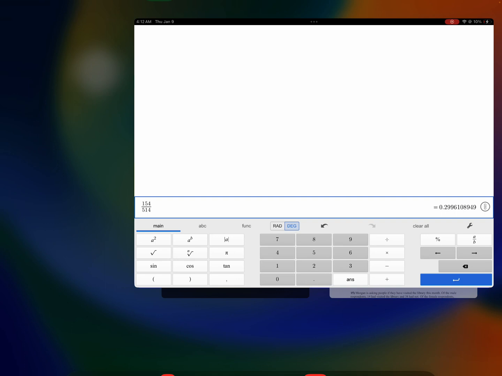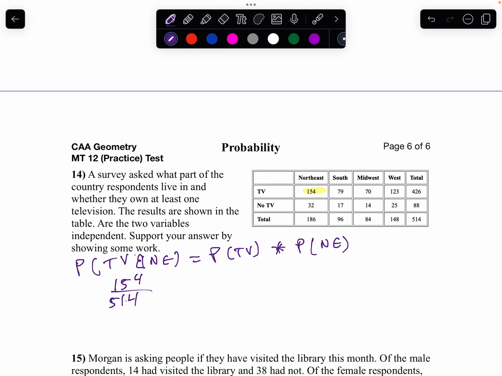I'll write it to 4 decimal places. So 0.2996. Now the probability of having a TV, we look at that row total, that's 426, isn't it?